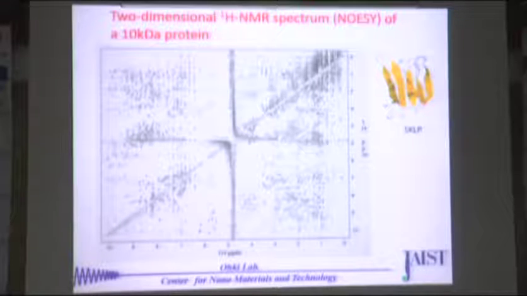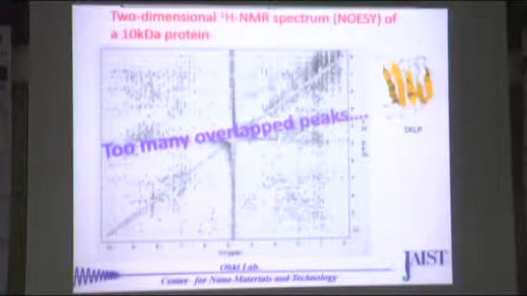Even for this region, if this is the methyl group region, we still have overlapping. So it is difficult to analyze this two-dimensional NMR spectrum. There are too many overlapping peaks again.